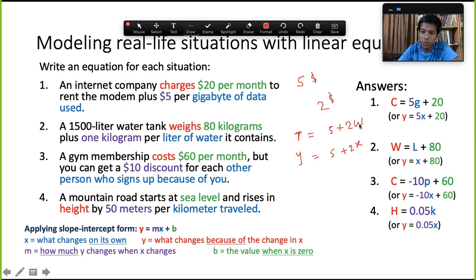Then you can just put W equals 10. After 10 weeks means W equals 10. So the total money will be T equals 5 plus 2 times 10. 2 times 10 is 20, 20 plus 5 means 25. That means total $25.